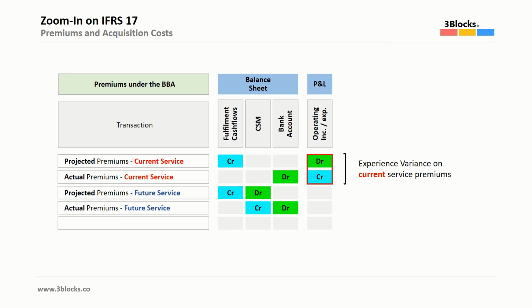When it comes to the actual premiums associated with the future service, they are debited to the bank account and credited to the CSM. As a result, what is actually registered in the CSM is the experience variance related to the future. And lastly, changes in estimates of future premiums are accounted to the CSM.